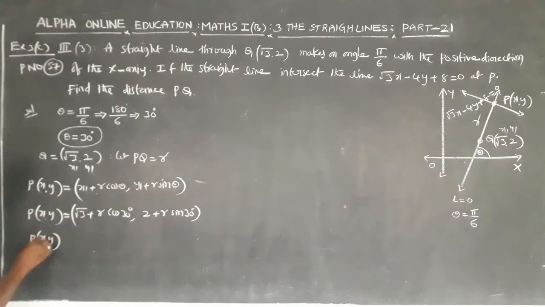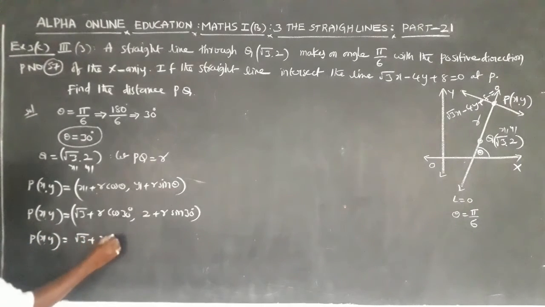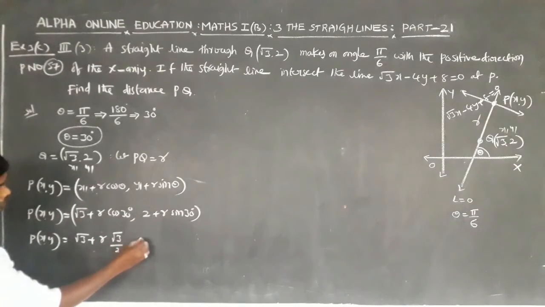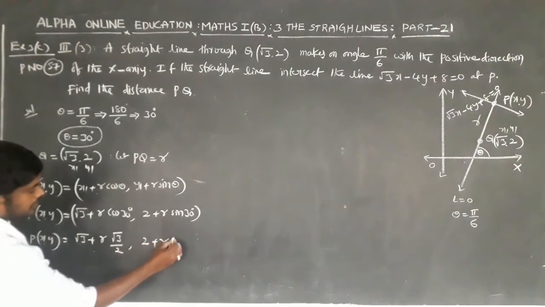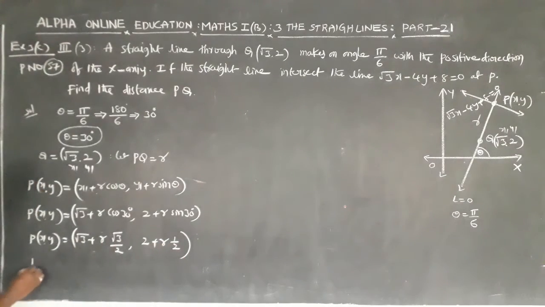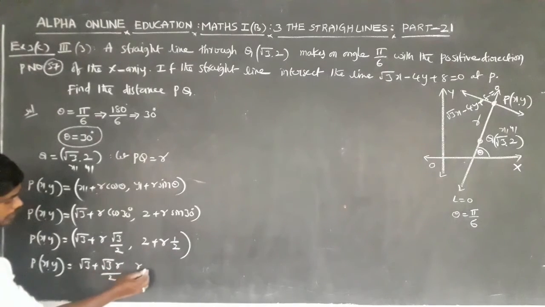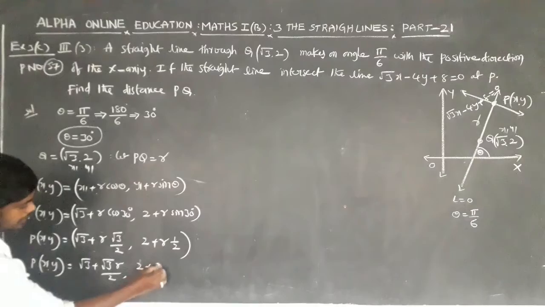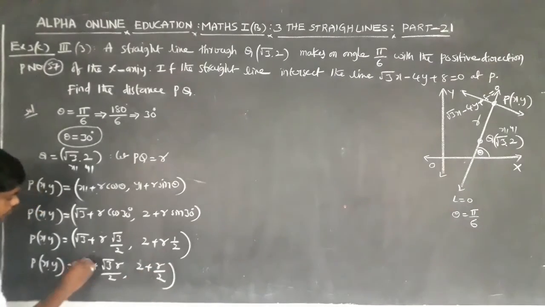So P(x, y) is equal to root 3 plus R cos 30 degrees, which is root 3 by 2, comma 2 plus R sin 30 degrees, which is 1 by 2. P(x, y) is equal to root 3 plus root 3 R by 2, comma 2 plus R by 2.